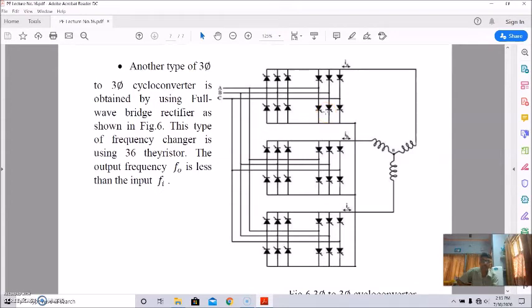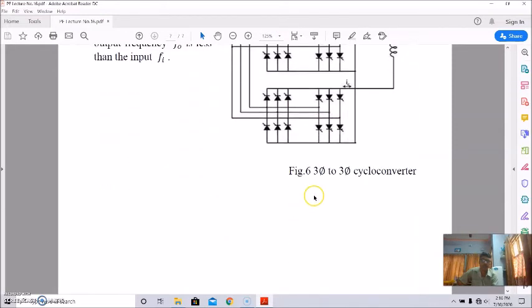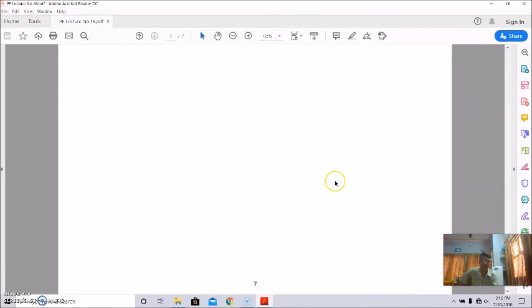This type of cycloconverter uses 36 thyristors, because for each phase we have 12, back-to-back full-wave converter circuits connected like these converters here. The output frequency is less than the input frequency. So this is the 3-phase to 3-phase cycloconverter circuit diagram.